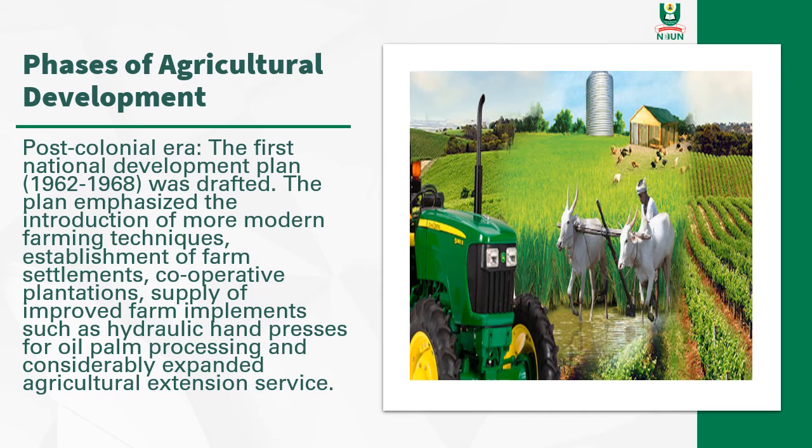Everything in this era was stepped up, no more primitive, it was modern. And that is what we still practice till today: the use of tractors, the use of more cows, all that is the post-colonial era.